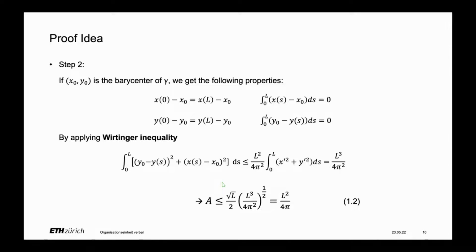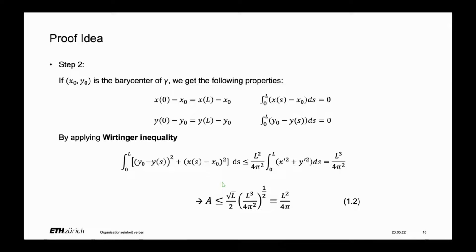Exactly the same holds for our y's. This may seem familiar: this is exactly the condition we need to apply our Wirtinger inequality. So the little trick is to look at it in the barycenter such that we can apply the Wirtinger inequality to simplify the whole thing.